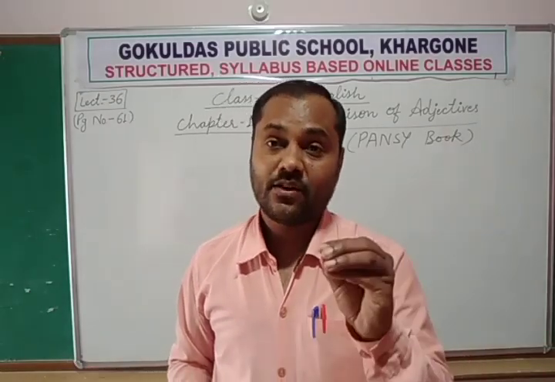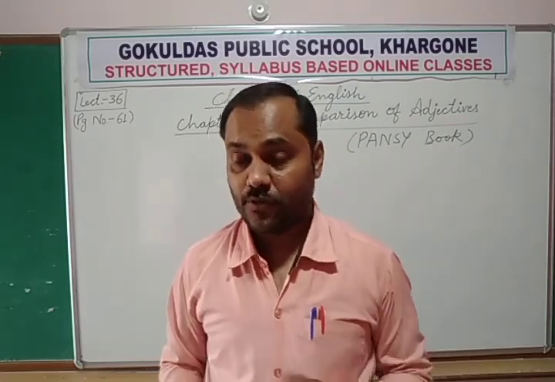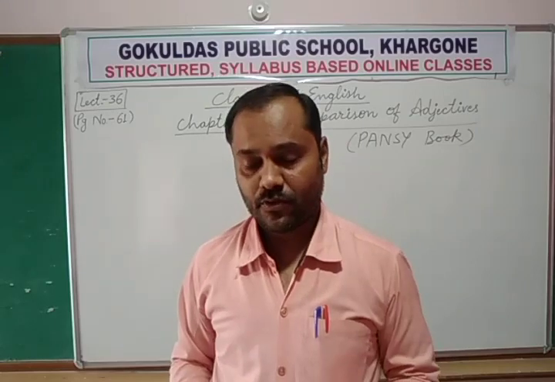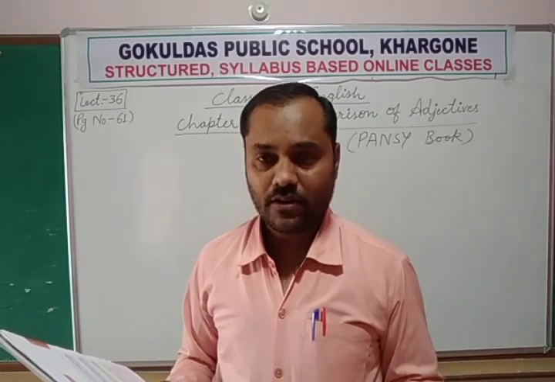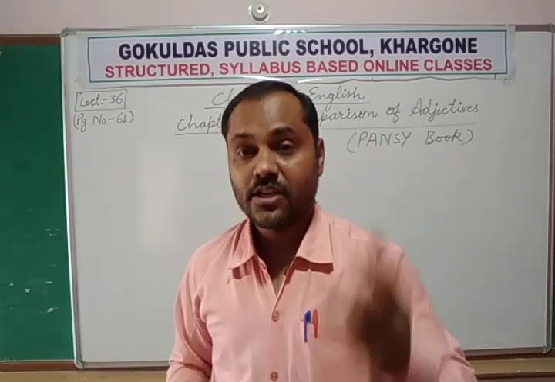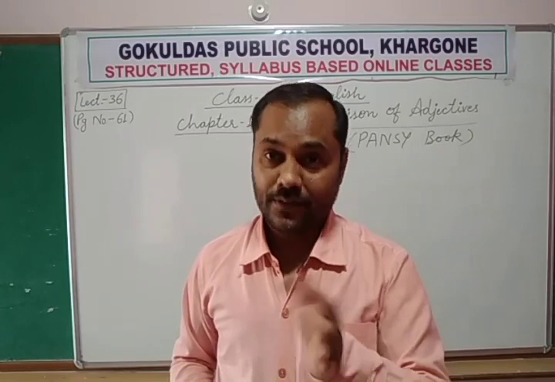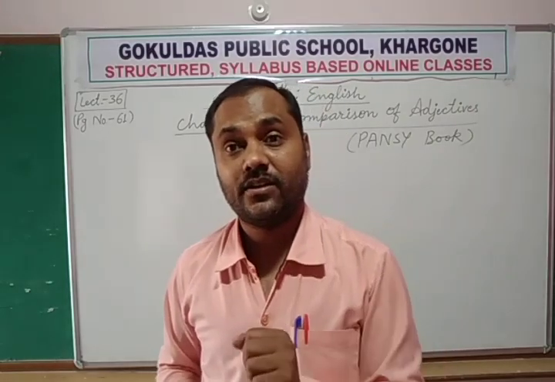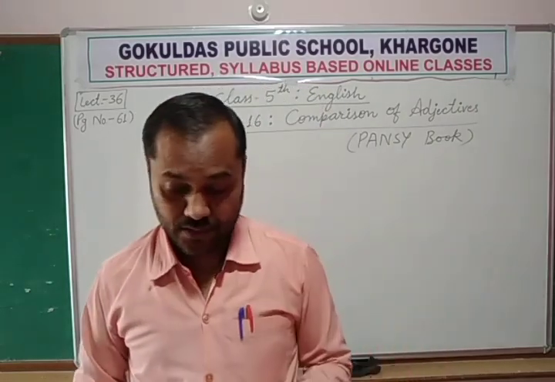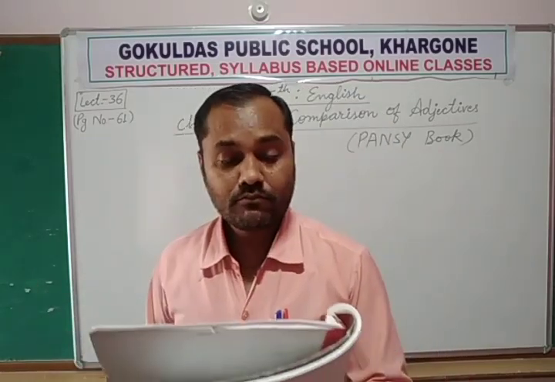So what is the correct way to use these three degrees of adjectives? We call them degrees. The first degree is tall, the second degree is taller, and the third degree is tallest. What is the difference among these three, and what is the correct use of these three? First point, let's read further.